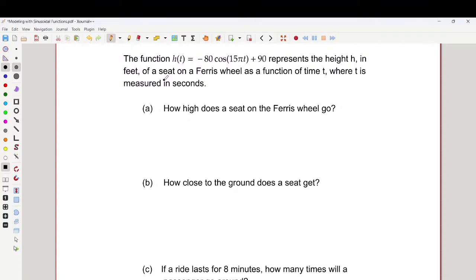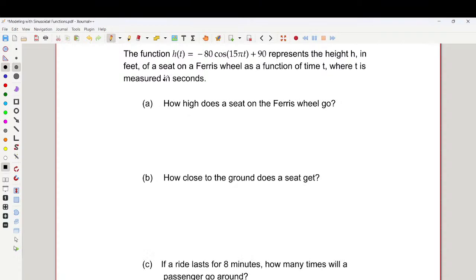now I'm going to dig a little deeper. I notice I have a negative 80 out front, and I notice it's a cosine graph. So I'm going to start just sketching this. Here's time. Here's height. And the fact that it's a negative cosine, I know it's starting at its minimum.